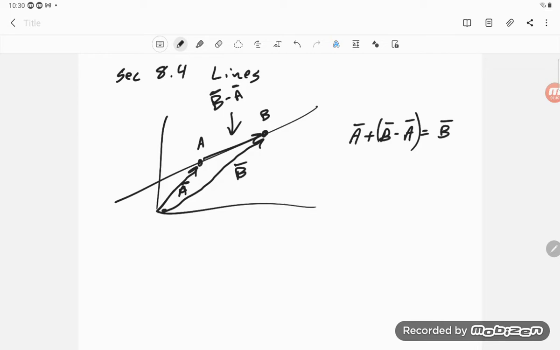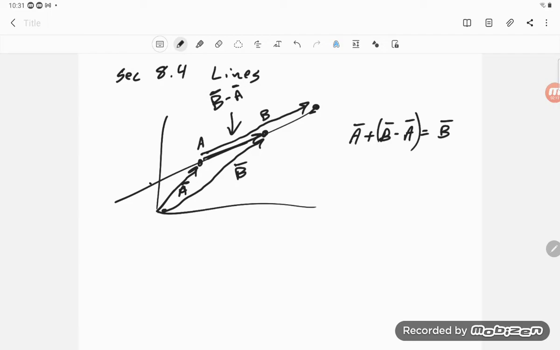Now it's not sitting at the origin, but again, this is the idea. We can use our intuition and kind of move these things around. But notice this line is parallel to that vector B minus A. If we want to hit a point up here, we need to take a vector about twice that long.